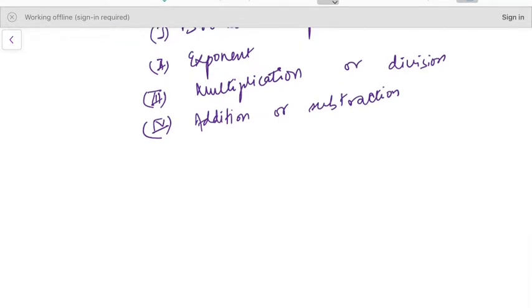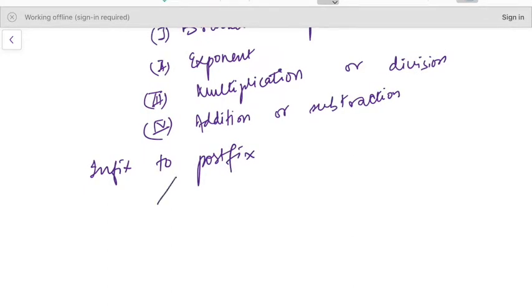So I'll tell you two ways to convert infix expression to postfix expression, and now you gotta decide which one to use. There are two ways. There is a manual way, that is by hand, or there is a way using stack data structure.